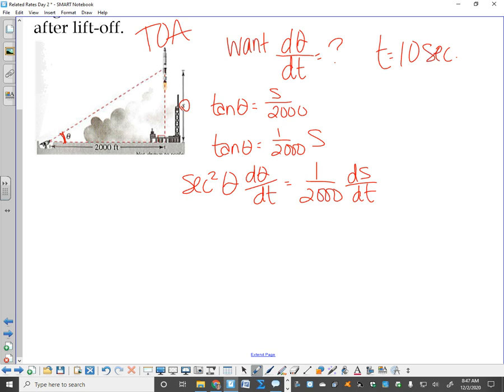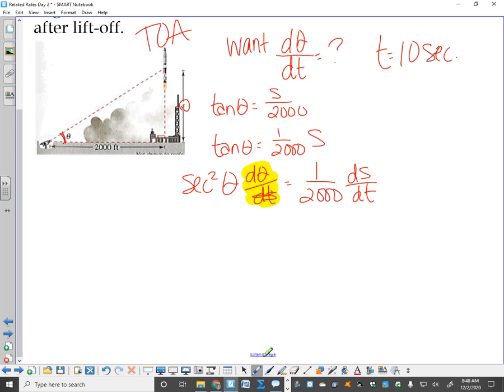I want this guy, dθ/dt. So I need theta, and I need ds/dt. Let's go find ds/dt first.